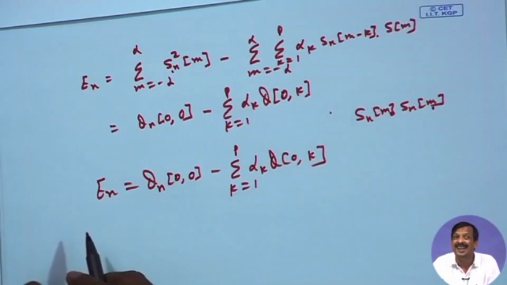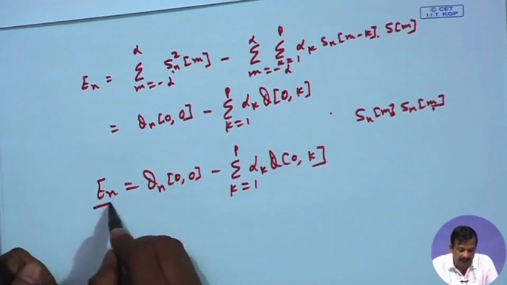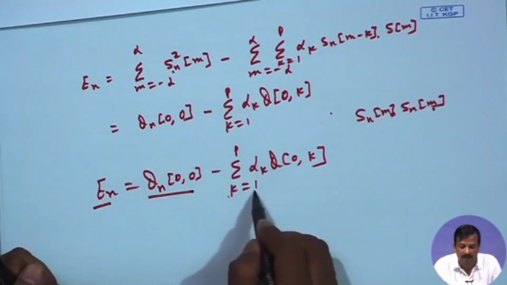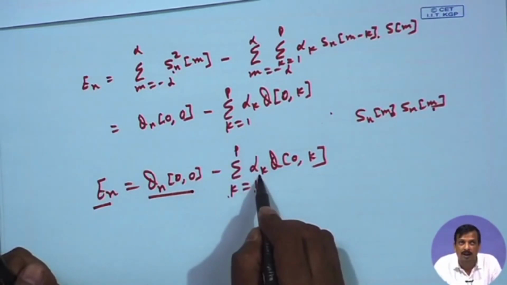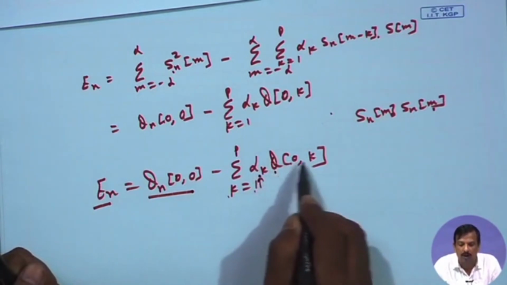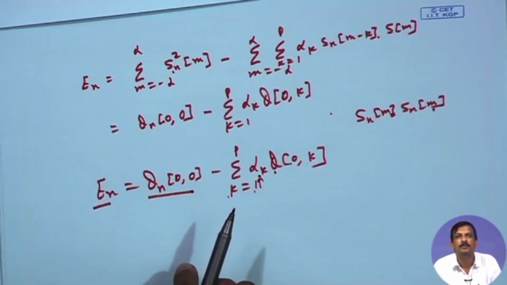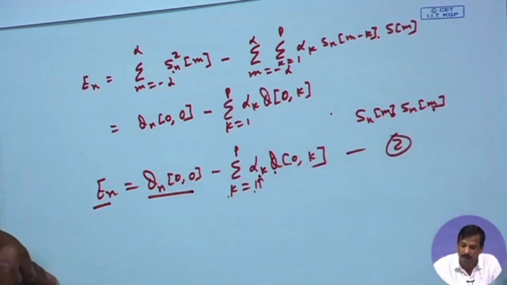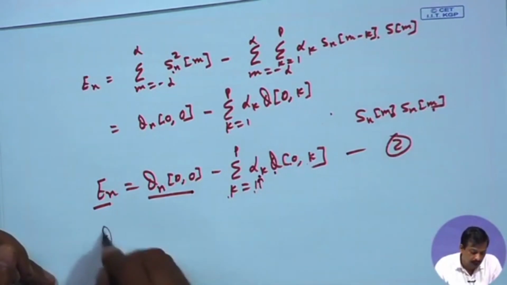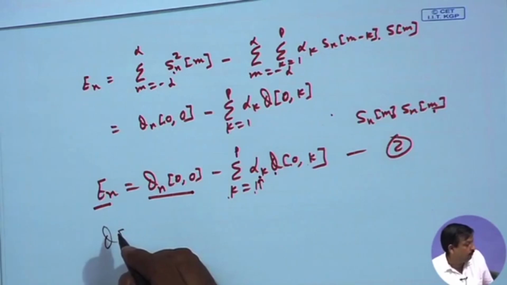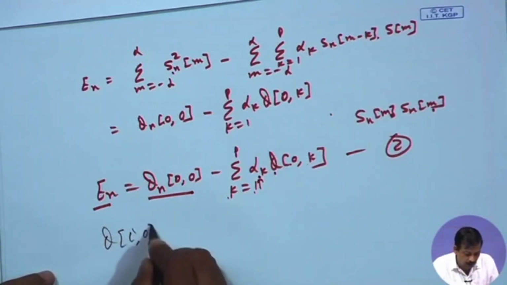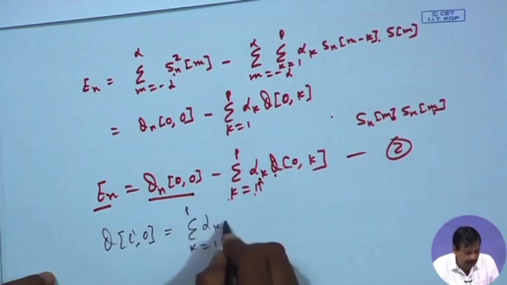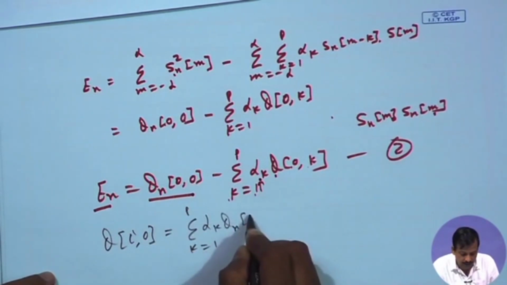So, the prediction error E n, if I know the phi n matrix, is phi n 0 0 minus the sum over k equal to 1 to p of alpha k, the predictor coefficients, into phi of 0 k. This is equation number 2, and the first equation we have already derived is phi of i 0 equal to the sum over k equal to 1 to p of alpha k phi n of i k.